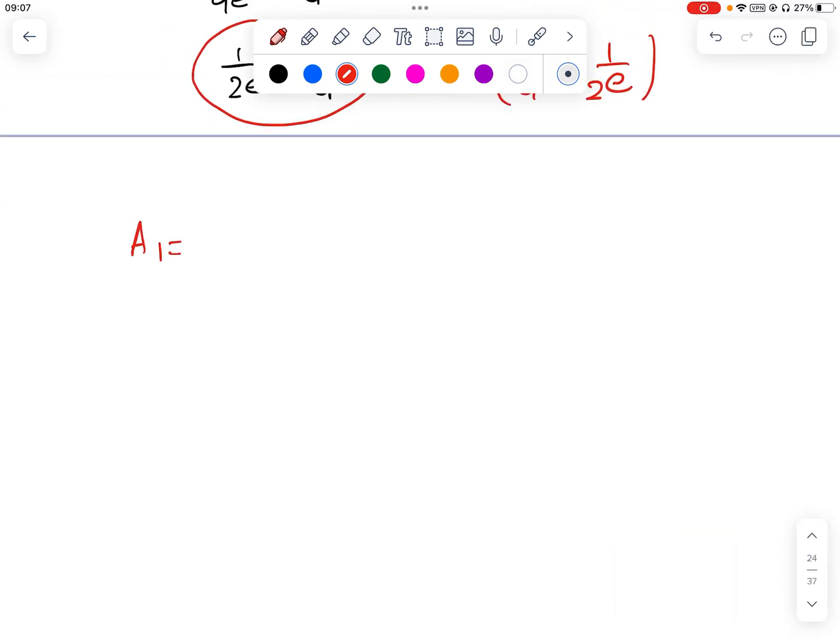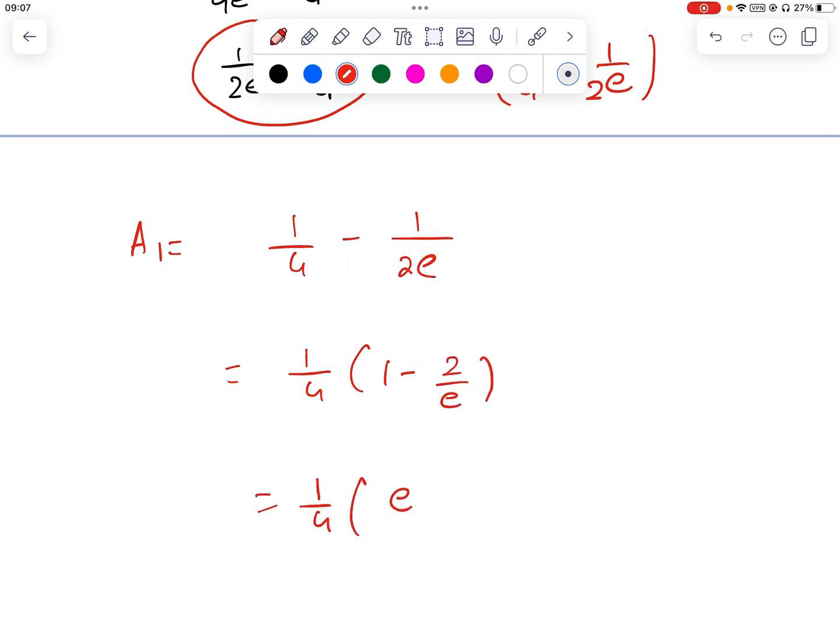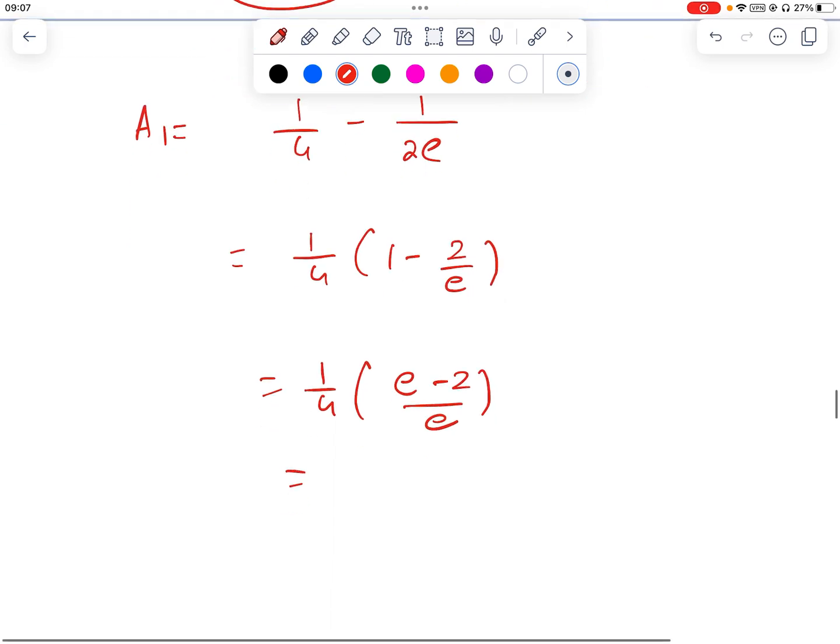A1 equals 1 upon 4 minus 1 upon 2e. I take 1 upon 4 common, 1 minus 2 upon e, or 1 upon 4 times e minus 2 upon e. So we will leave it there.